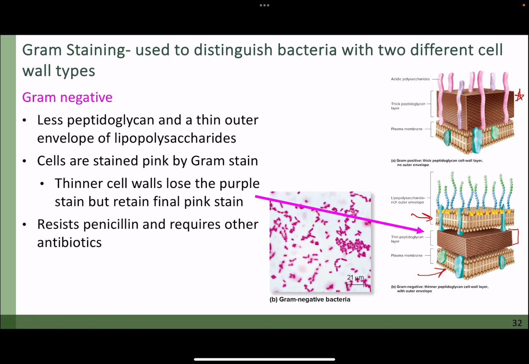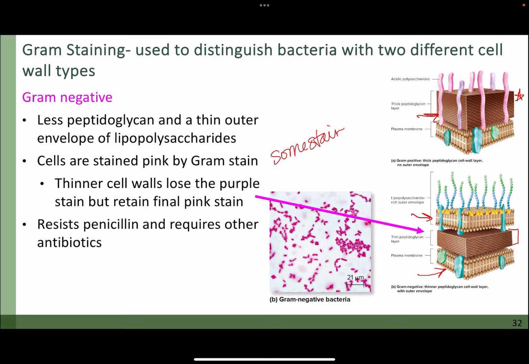The gram stain doesn't stain as strongly onto this thinner peptidoglycan wall. So basically what happens is you get some stain, but not as much stain as you saw in the gram-positive bacteria. Those thinner walls lose their purple stain, but they do retain a little bit, and so they look this kind of bright pink color.